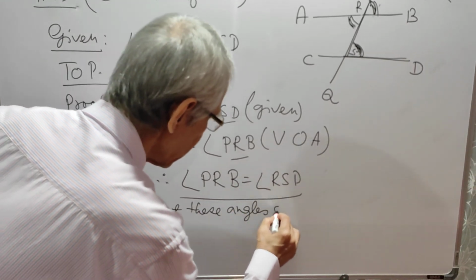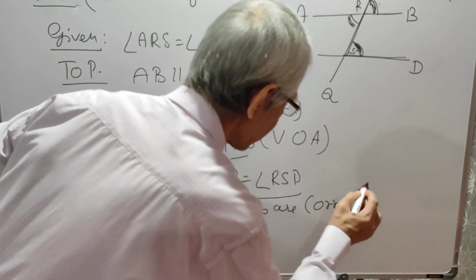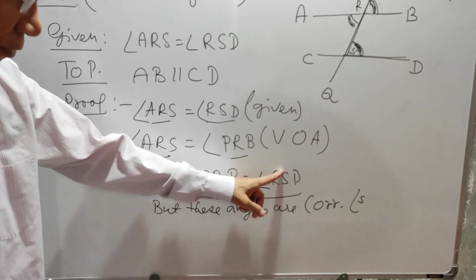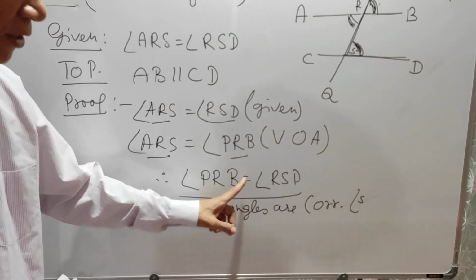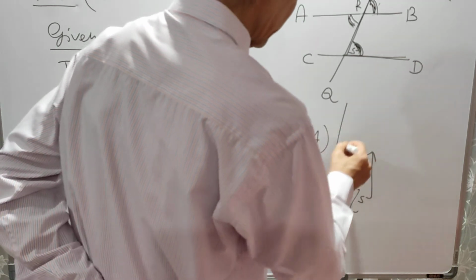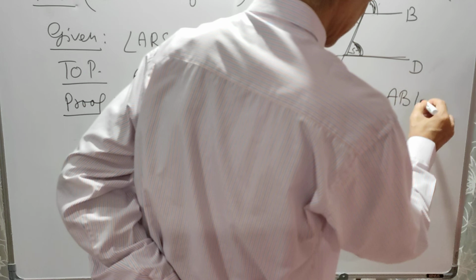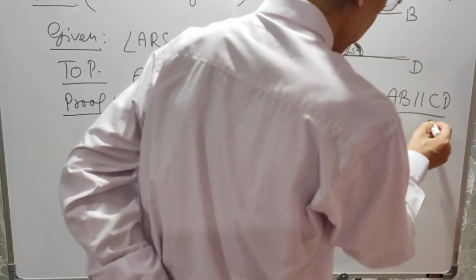These two angles are corresponding angles. So these two are equal, we have proved, but these two are corresponding angles. Therefore, what we conclude, I am writing here: AB parallel CD, and that is what we had to prove.